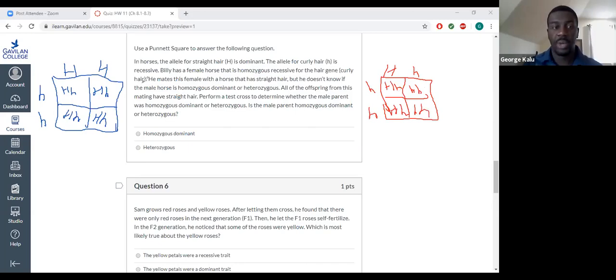So which of these 2 Punnett squares gives us offspring that all have straight hair? Would it be the one with the parent that's homozygous dominant or the parent that is heterozygous? Based off of what we see in our Punnett square.